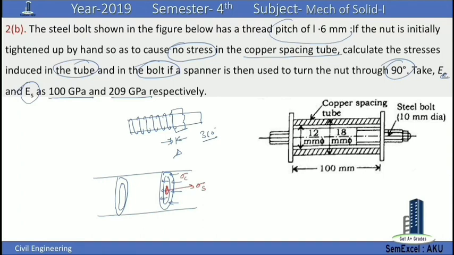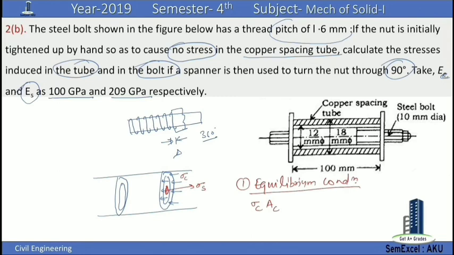This problem can be solved by using only two conditions. One is the equilibrium of the element and the other is the compatibility condition. We'll see one by one. First we'll see the equilibrium condition. Total force acting on the copper tube will be equal to stress on the copper tube, that is sigma C, and area of copper tube, AC.